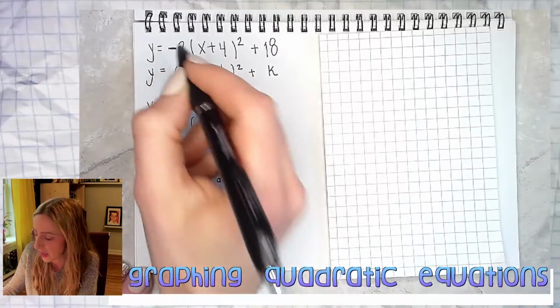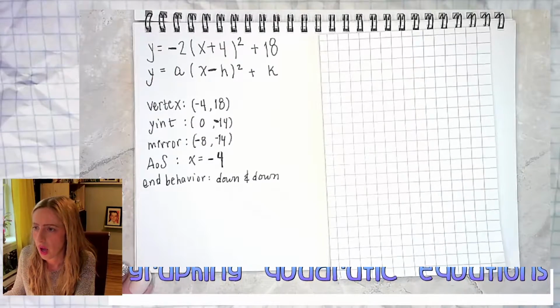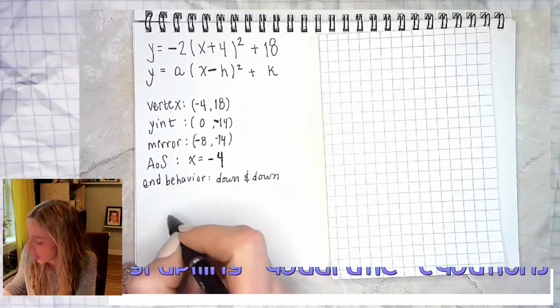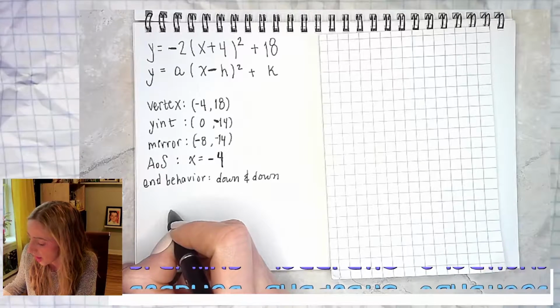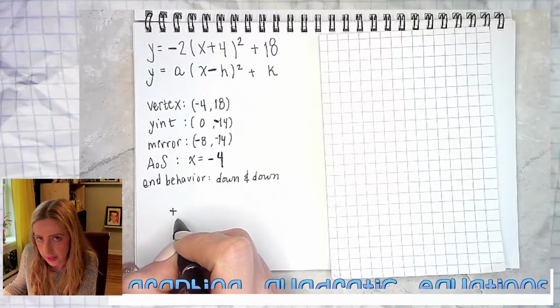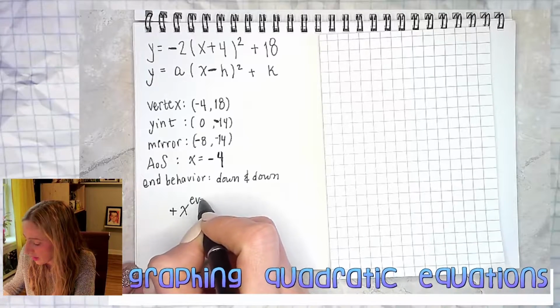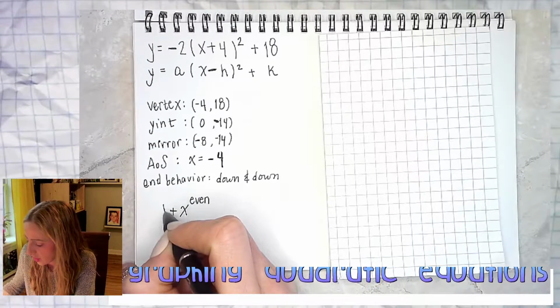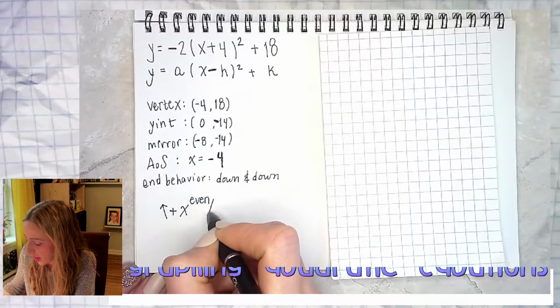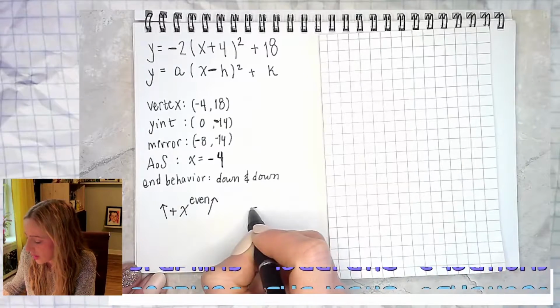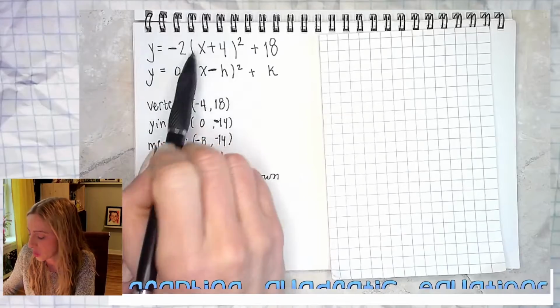Yeah. Okay, so quick recap. Let's talk about end behavior for a minute. If you have a positive leading coefficient, x to an even power, this is a review, the end behavior was up, up. If you have a negative, this is all if it's expanded.